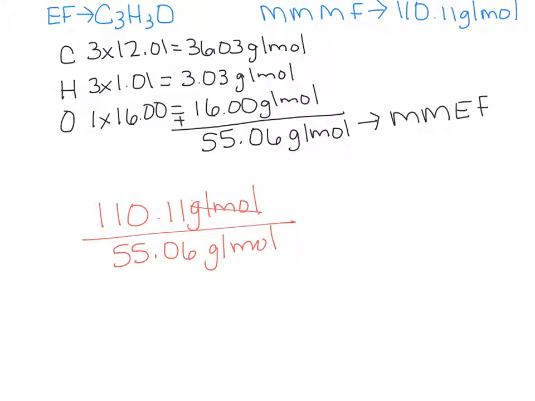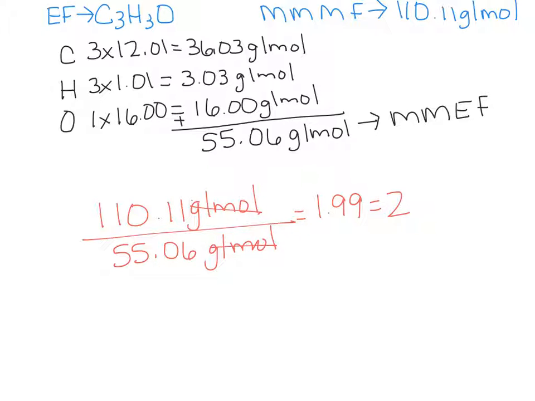This cancels out our units. And when we do that math, we get 1.999, so we can round that to a good whole number 2. Remember, that whole number is what we're going to multiply the empirical formula with in this next step.